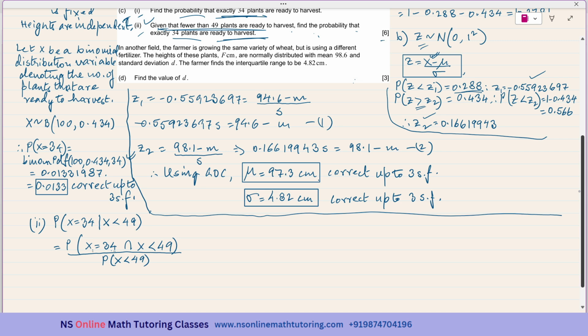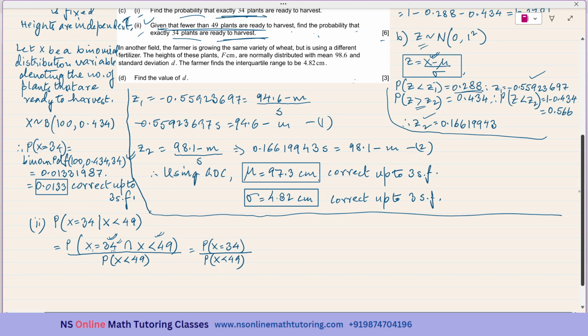Because this is the intersection, so X equal to 34 should be satisfied, as well as X less than 49. Since 34 is less than 49, if we just take P of X equal to 34, then this will satisfy X less than 49 also. So I'll write the numerator as P of X equal to 34, and we know its value. We have to find P of X less than 49.